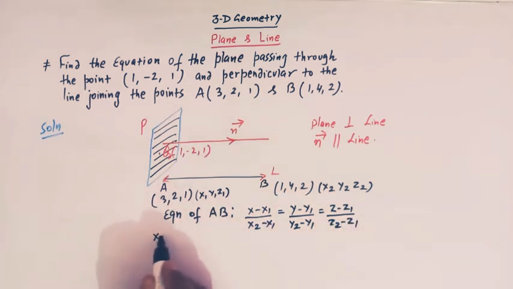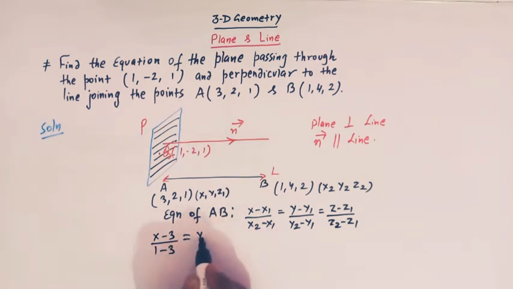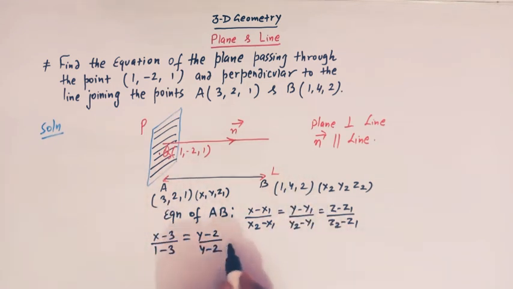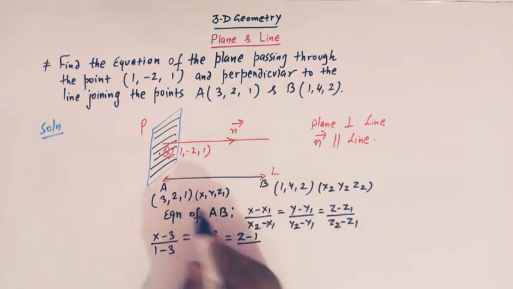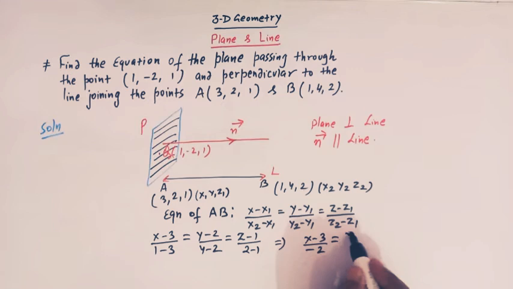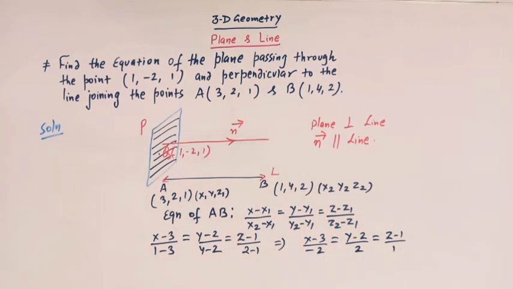So we can write (x minus 3) over (1 minus 3), then (y minus 2) over (4 minus 2), and (z minus 1) over (2 minus 1). So we can write it as (x minus 3) over minus 2, (y minus 2) over 2, and (z minus 1) over 1. Now this is the equation of the line AB.